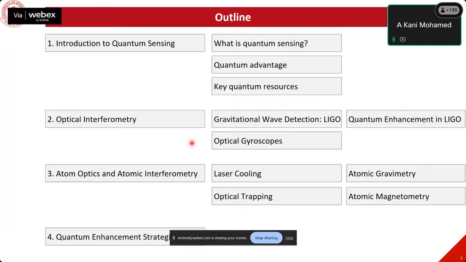This involves laser cooling and controlling or manipulating atomic beams, like trapping, reflection, and beam splitters, using light as a source. This can be used for sensing applications such as quantum gravity, atomic magnetometry, and atomic gyroscopes. Finally, I will conclude with quantum enhancement strategies that can be exploited to enhance the sensitivity of quantum measurement.